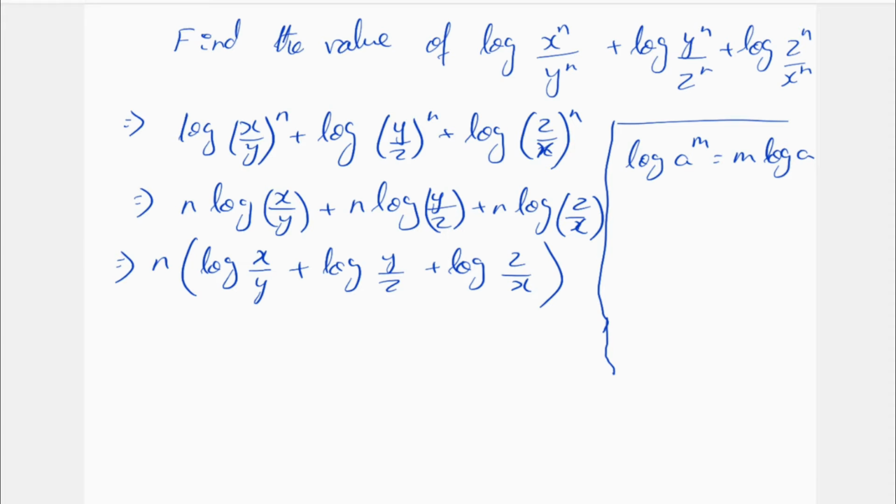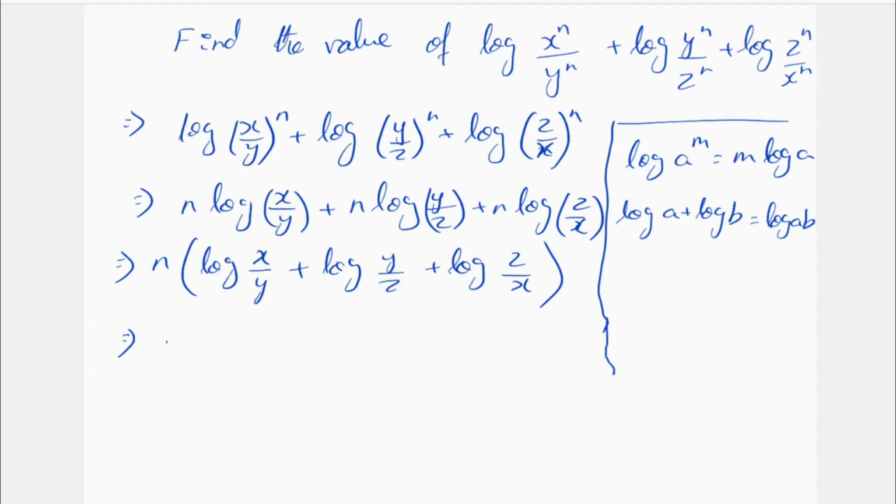Now we will use another logarithmic property, that is, when I have log a plus log b, I get log of ab. Okay, I can multiply it. When there are two logarithmic values having the same base being added to one another, I can simply multiply the values within the log.